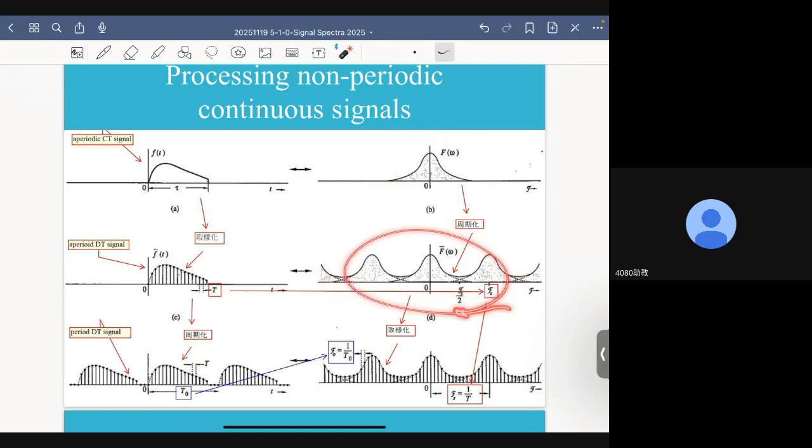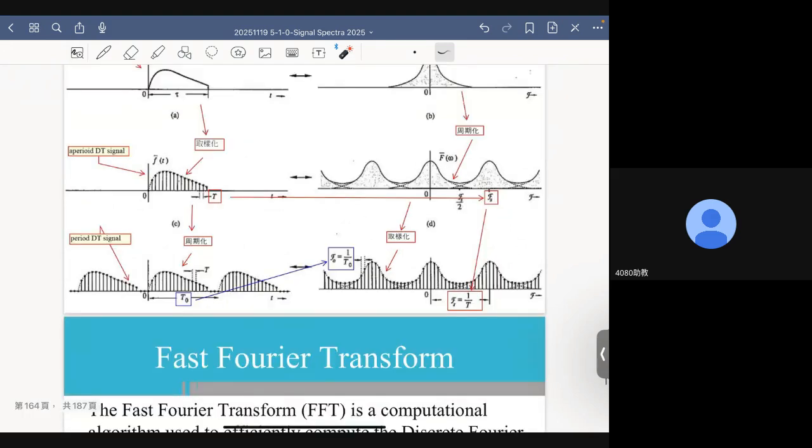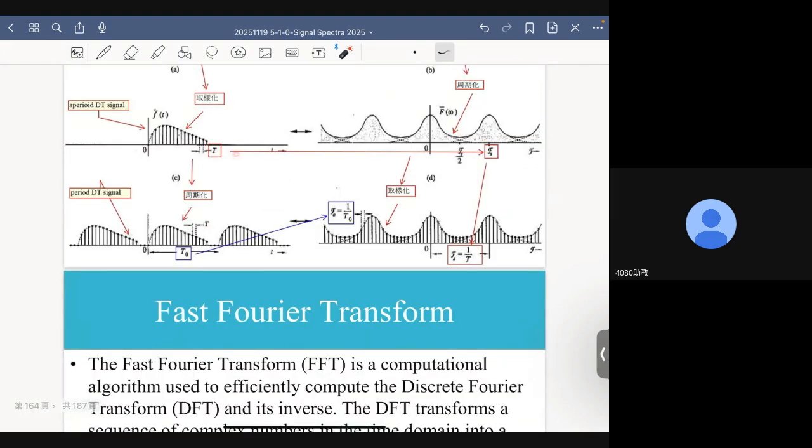Again, I want to know what it is, but this is not acceptable. Why? Because in the frequency domain, this is still a continuous function of frequency. It still is made of infinite numbers of points. My computer, no matter how large it is, cannot produce infinite numbers of data for me. So what I need to do is periodicalize that signal.